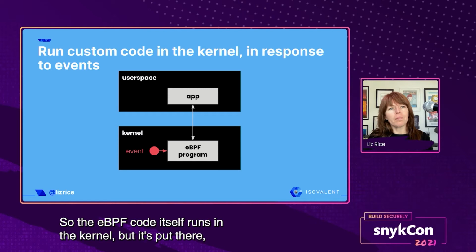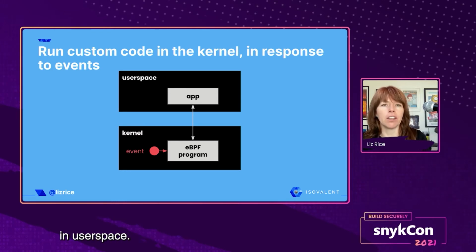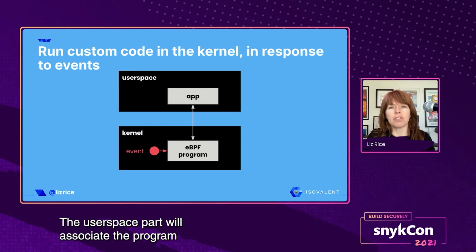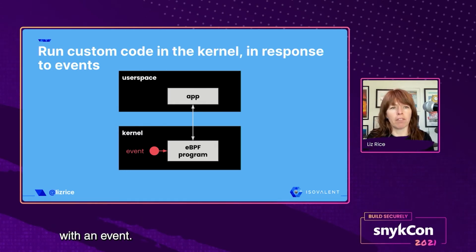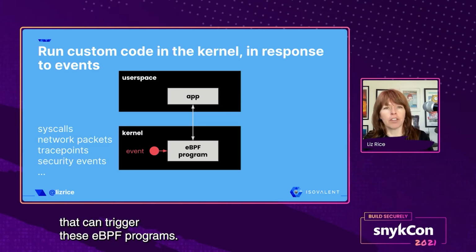So, the eBPF code itself runs in the kernel, but it's loaded into the kernel by an application running in user space. The eBPF program is triggered by some kind of event. The user space part will associate the program with an event. And there are lots of different types of event that can trigger these eBPF programs.